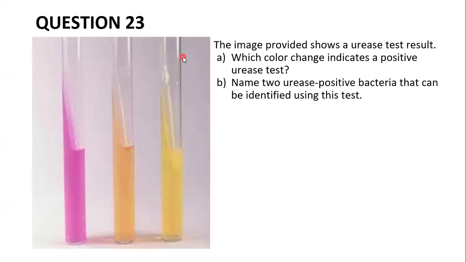Then we have this. The image provided shows a urease test result. Which color change indicates a positive urease test? Then name 2 urease positive organisms, bacteria that can be identified using this test. So I think here's where we were given the mnemonic. Bernadette, did you give us a mnemonic for this?